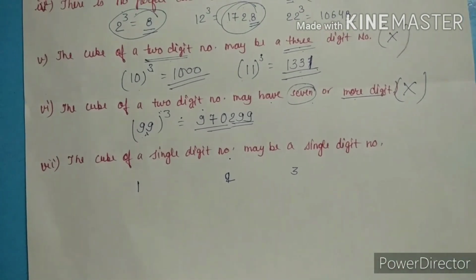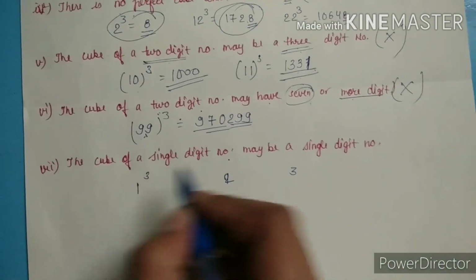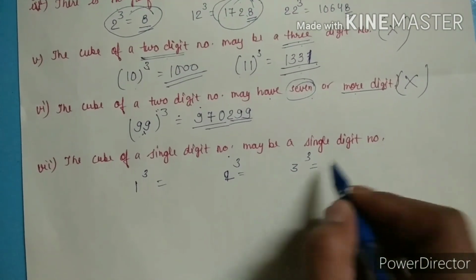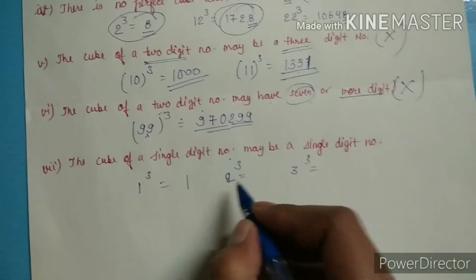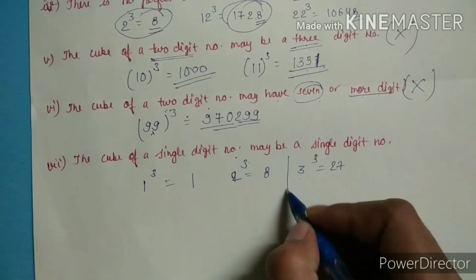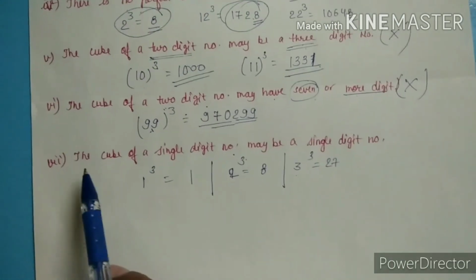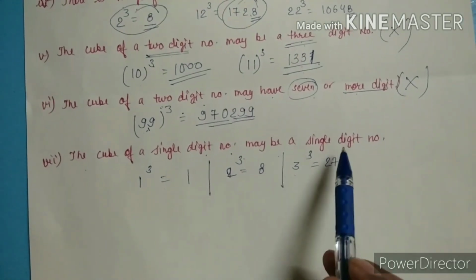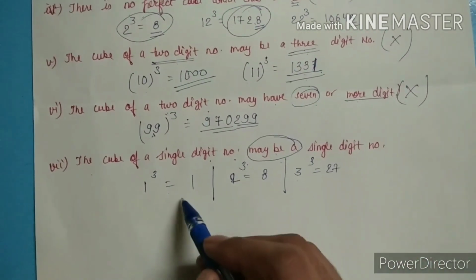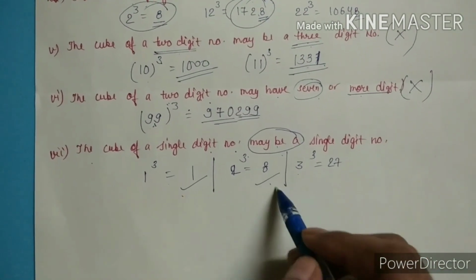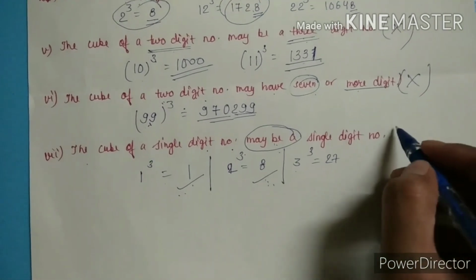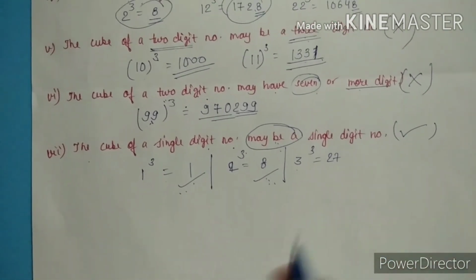When we take their cube, 1 cube is 1, 2 cube is 8, 3 cube is 27. So the cube of a single digit number may be a single digit number. The word is "may be", and we are getting some conditions as right. That's why this statement is true.